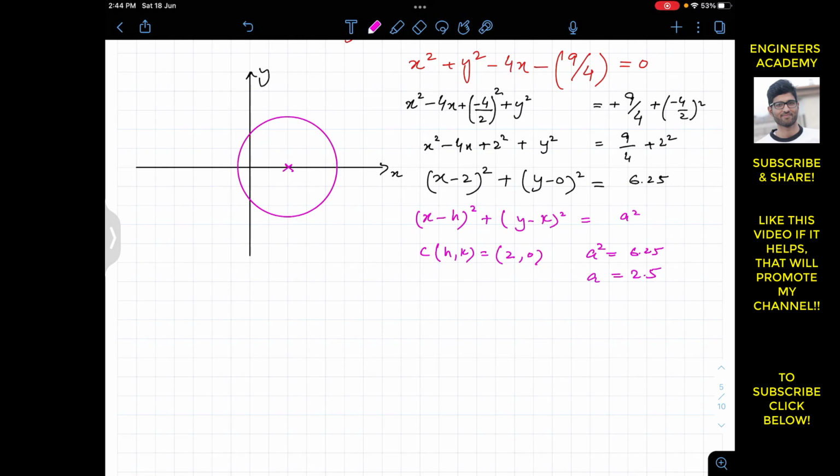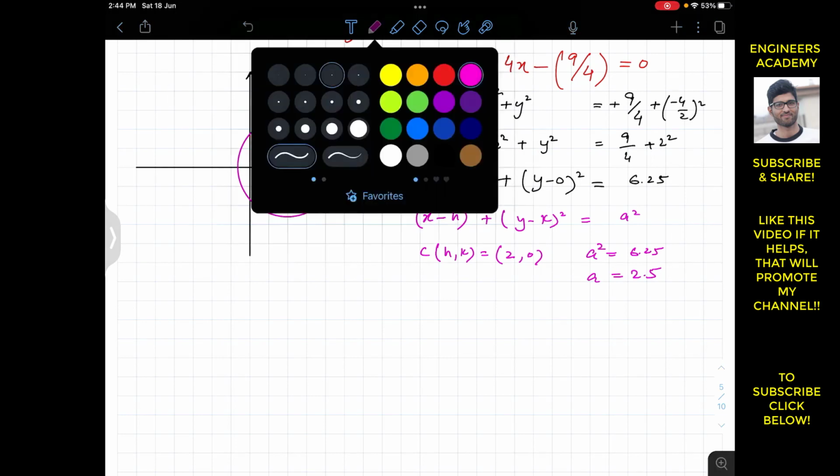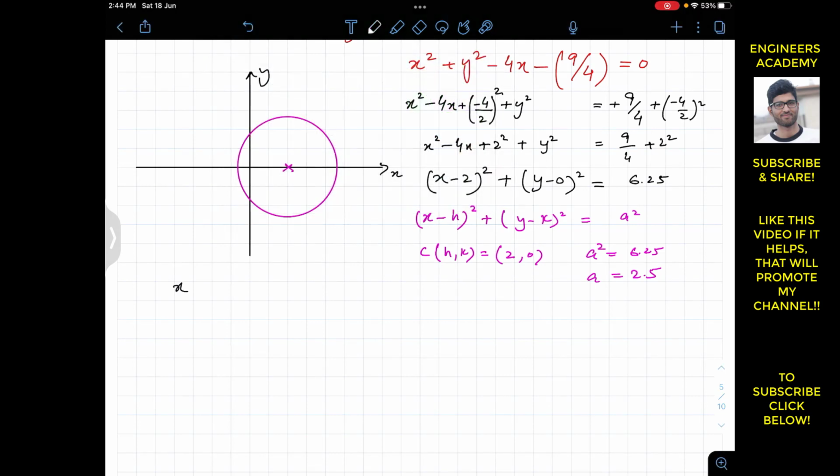And now we want to find the x and y intercepts. For the x intercept, y is equal to 0. So now we need to put y equals 0 in this equation. If we put y equals 0, we will be left with x minus 2 square, and that y minus 0 will become 0, and this will be equal to 6.25.